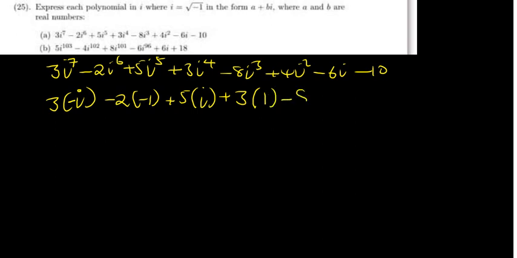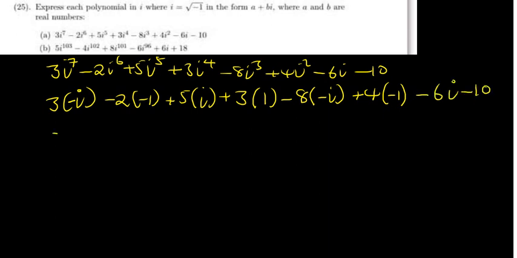And i to the power 3 always gives us a negative i. Then we have 4i squared, we know that's negative 1. Then we've got negative 6i minus 10.